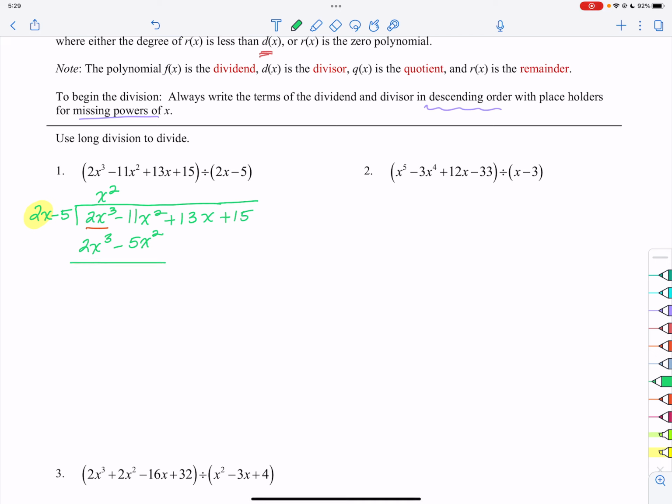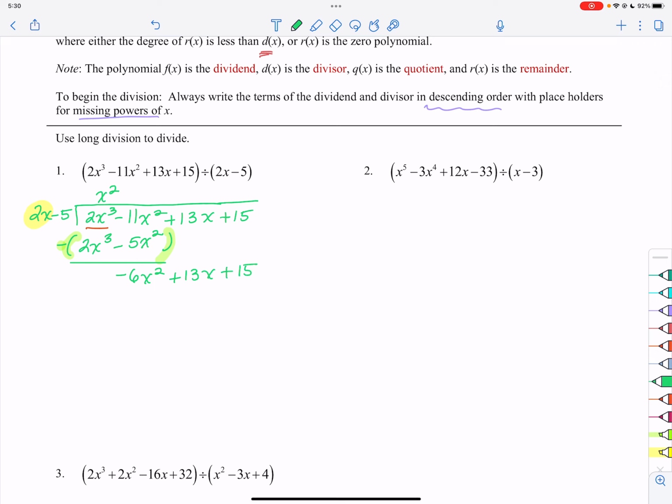Okay, so now we're going to subtract. Keep that in mind. We are going to be subtracting, and make sure you use those parentheses. So we have 2x cubed minus 2x cubed, that's 0. A negative 11 plus 5x squared is going to be a negative 6x squared. And then we're going to just go ahead and bring these other two terms down.